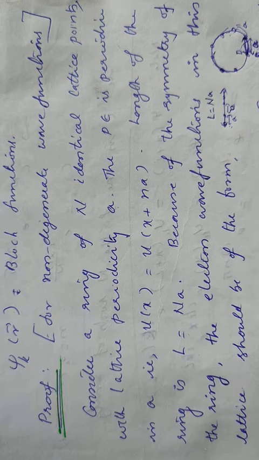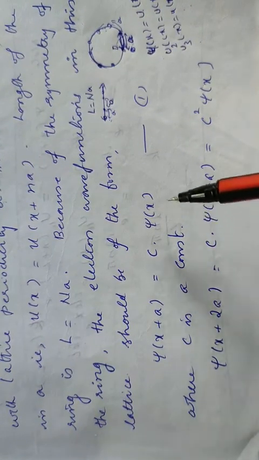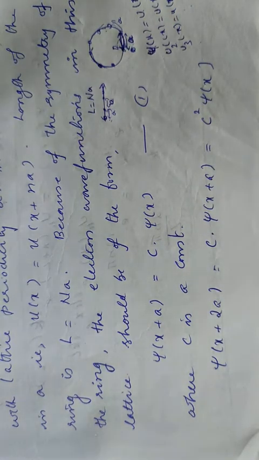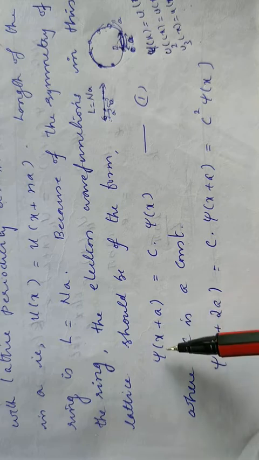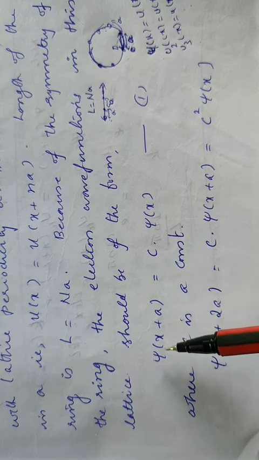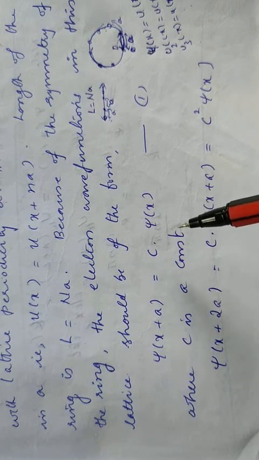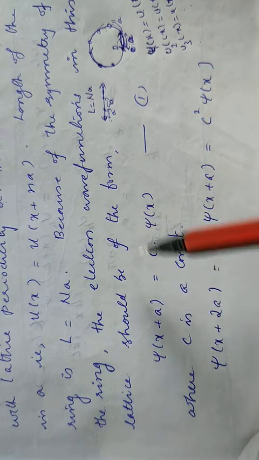Because of the symmetry of the ring, the electron wave function in this lattice should be of the form psi of x plus A equals C into psi of x. We have stated the Bloch theorem for the periodically varying potential: the solution of the Schrodinger equation will take the form psi of x plus A equals C into psi of x.